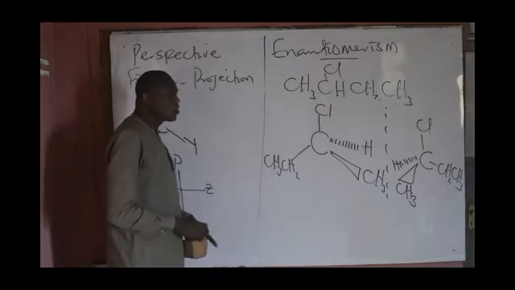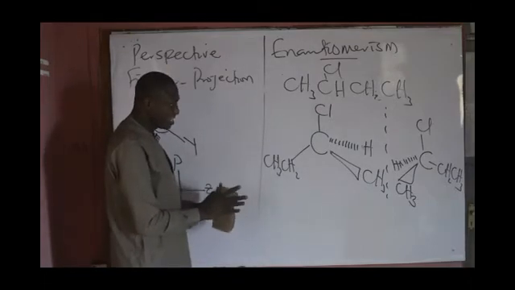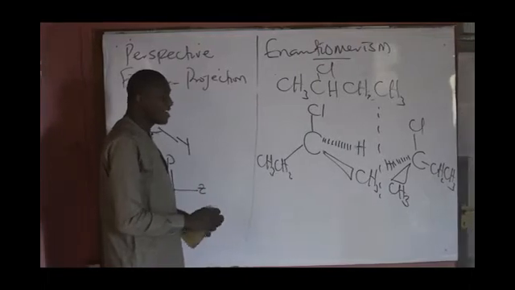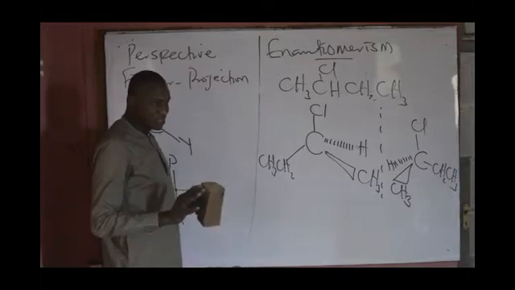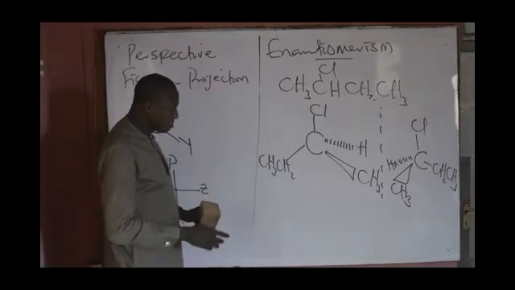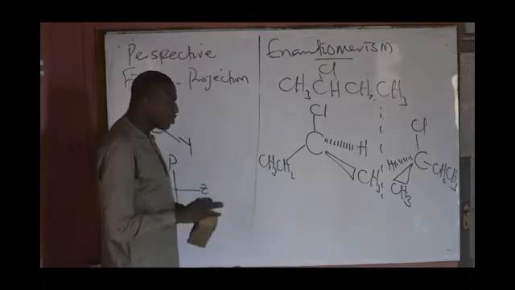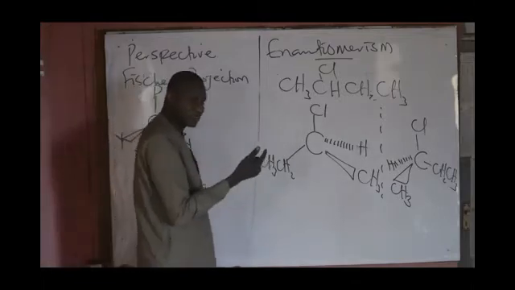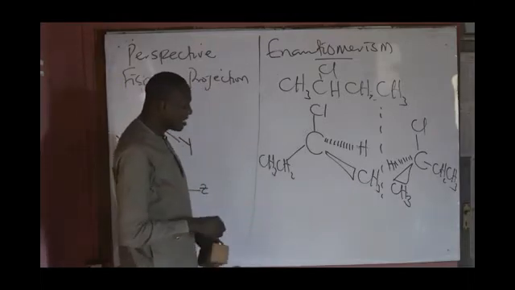Now, to distinguish these stereoisomers or the enantiomers, because enantiomers usually have the same properties in a non-chiral medium, they have similar boiling points, similar melting points, at times the same chemical reactions. But what differentiates them is the configuration and their direction of rotation of plane polarized light.